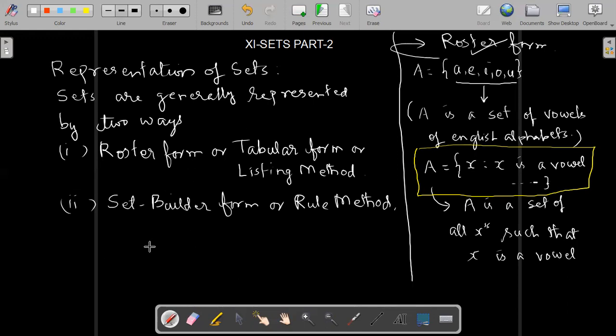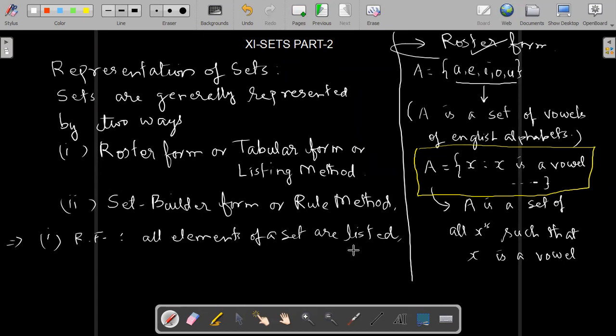In the first form, the roster form, how will we define it? In roster form, all elements of a set are listed, written like this, and the elements are separated by commas.